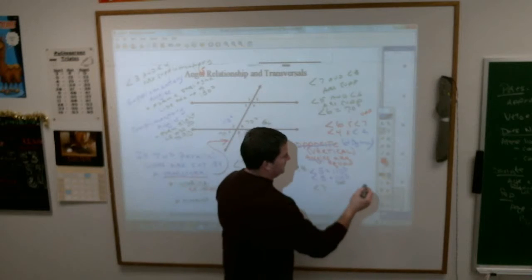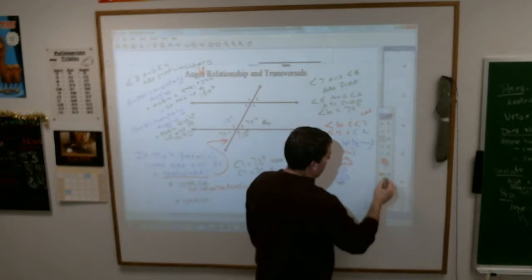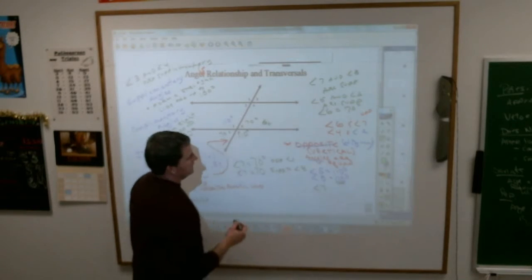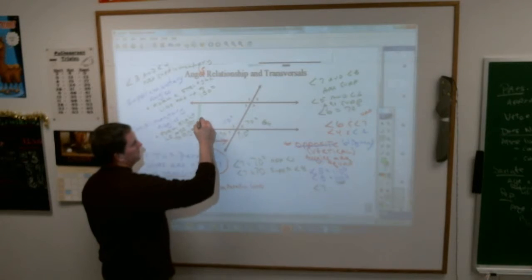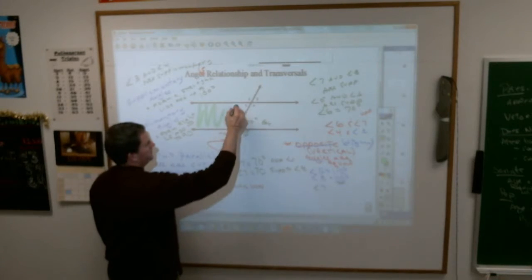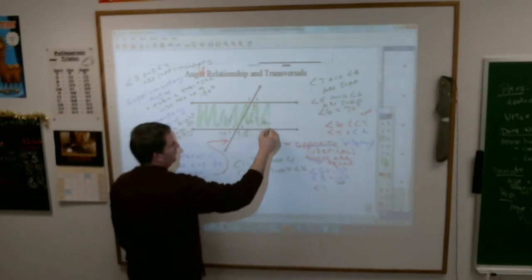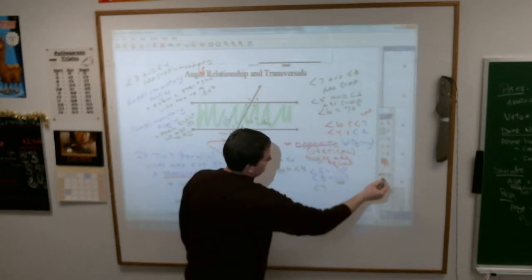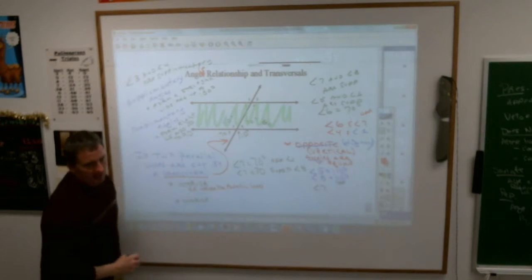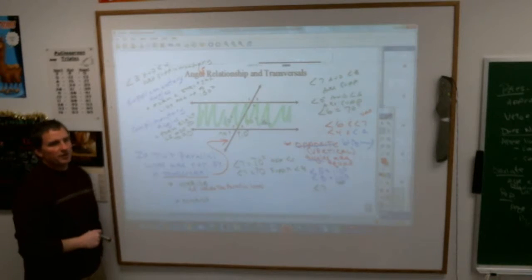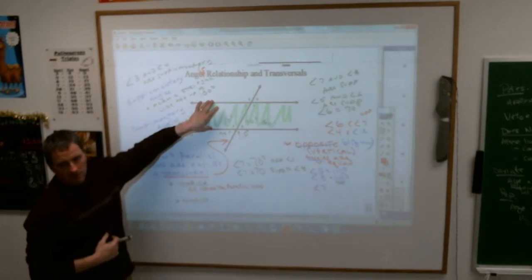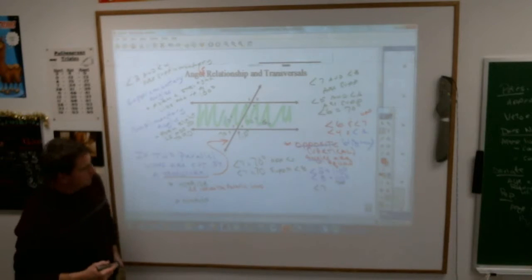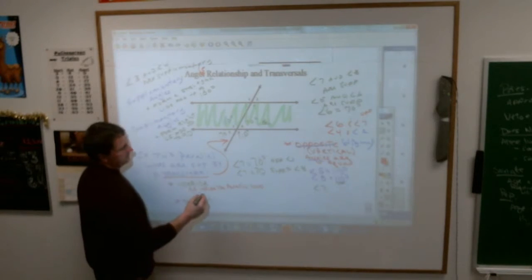So here is the deal with that. Let me do my little highlighter thing here. Right here, see, this is the interior part of what we're talking about. So interior angles, name me the interior angles that are there. Which angles fall inside the parallel lines? There are 4 of them. Christian, give me one interior angle.